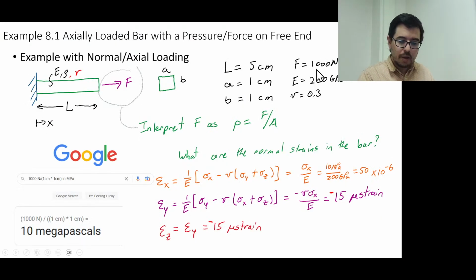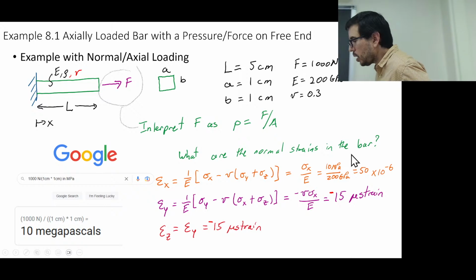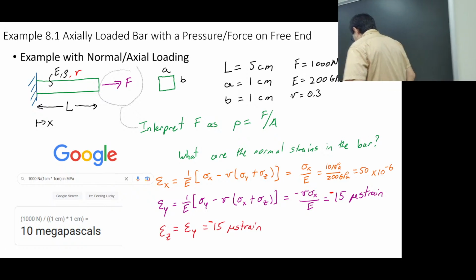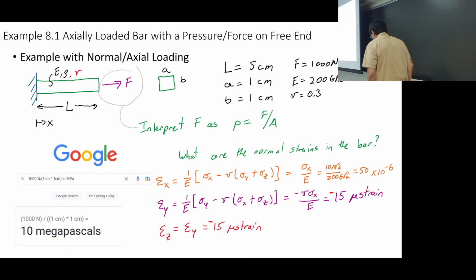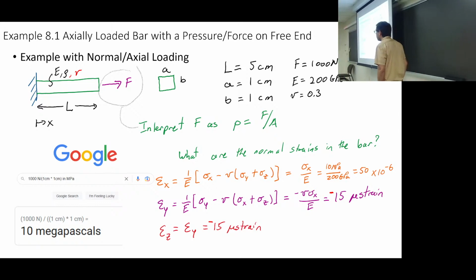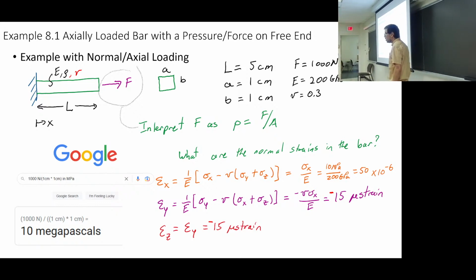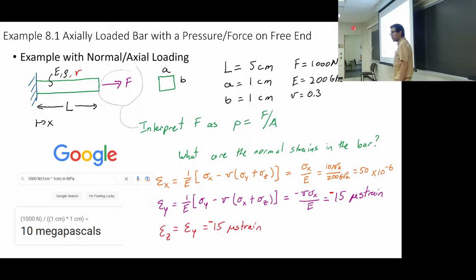They said 1,000 newtons on a 1 centimeter by 1 centimeter surface. Okay, if you do it, 1 centimeter times 1 centimeter is 0.01 times 0.01 meters, right? So that's going to be 10 to the minus 4 meters squared, okay?